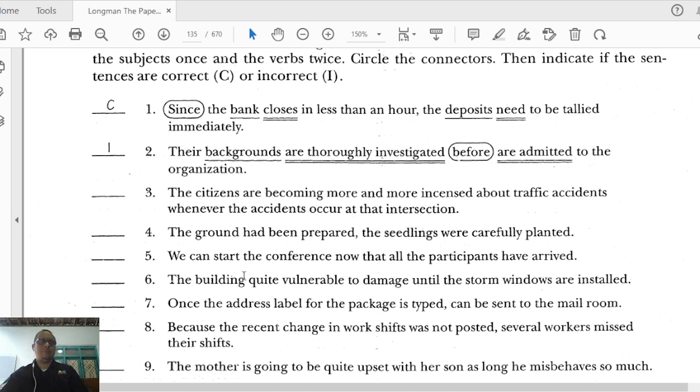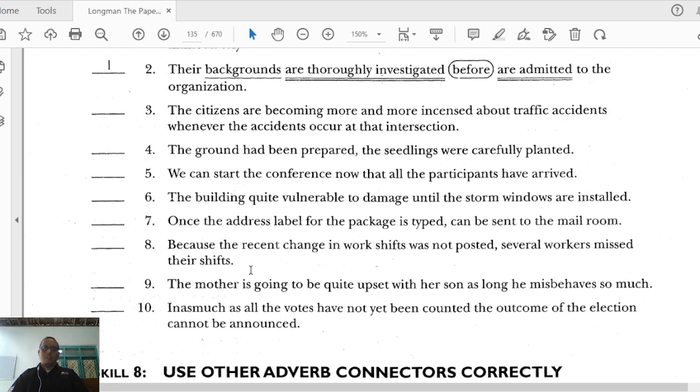We can start the conference now that all the participants have arrived. Okay, that's incorrect. We can start, subject verb. Now that all the participants, subject, have arrived, verb, ya, tapi it doesn't make sense.